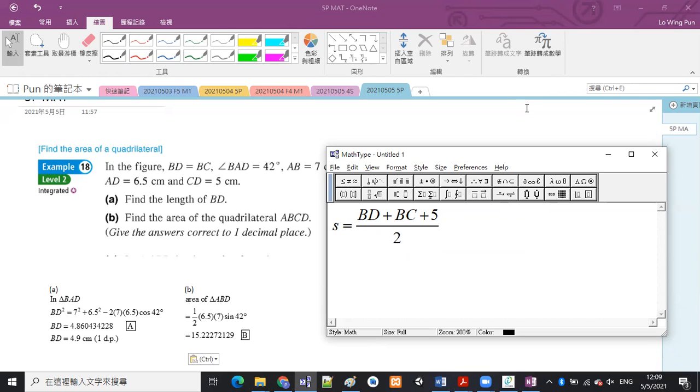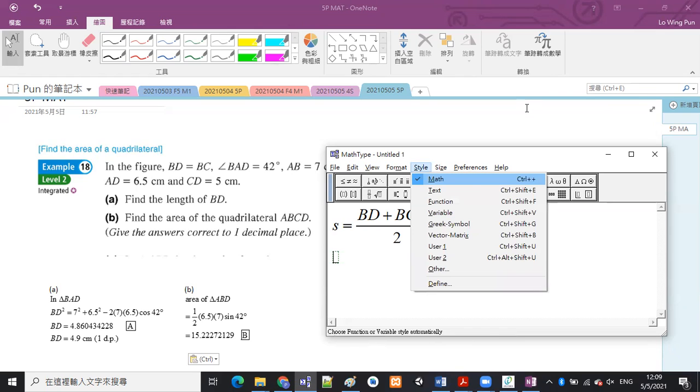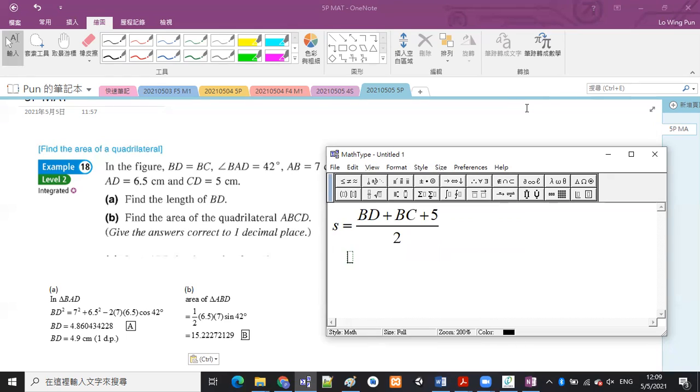And I'll get 7.36 something. Again, this is not a nice number, so I am going to store this to memory C.